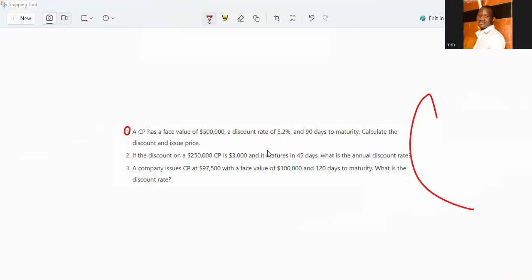If you understood, can you remember what we are given in question one? The 500,000 is the face value, FV. The 5.2 is our R. The 90 days is our time. So let's calculate the discount and the issue price. Who remembers the formula for the discount?